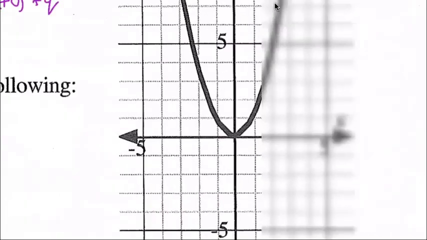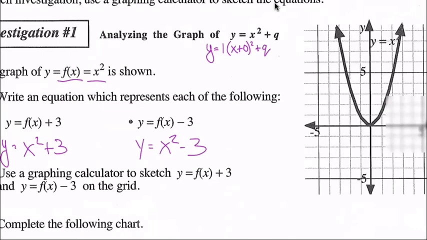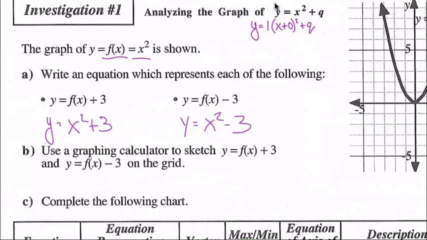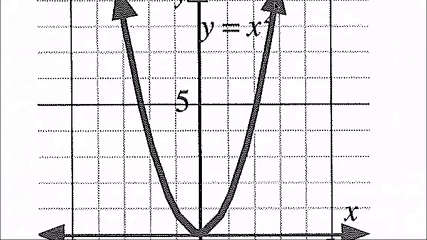So we could sketch those graphs on here. I'll do x squared plus 3 in red, and then I'll do x squared minus 3 in blue. Plus 3. 1, 2, 3. 1, 1. 2, 4.